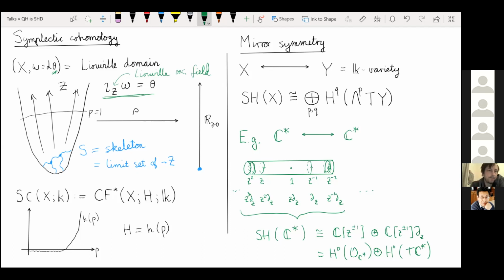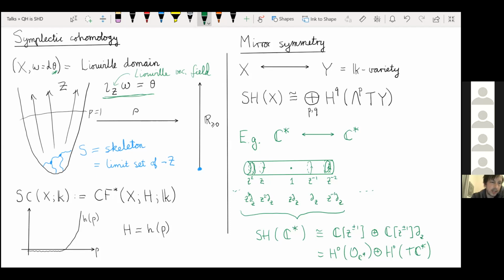There's a sort of structure theorem, you could say, for these Liouville domains. You can break them up into a set called the skeleton S, which is the limit set of the reverse flow of this Liouville vector field. And everything else in this Liouville domain looks like part of a symplectization of a contact manifold.